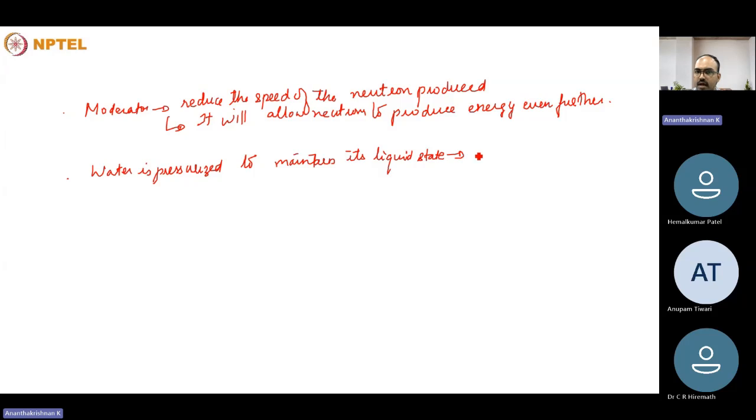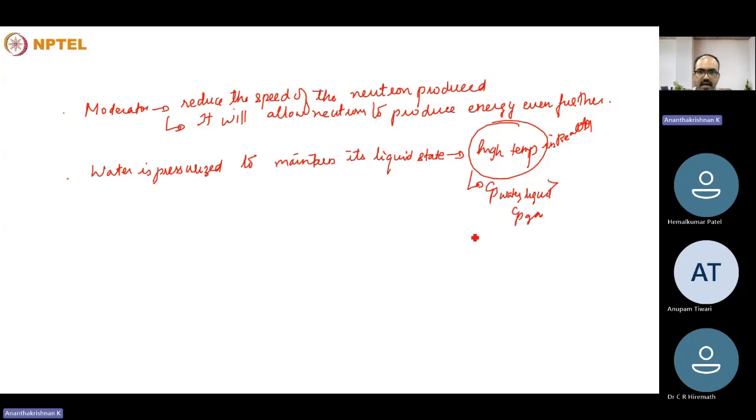So this allows high temperature. Since water is in the liquid state, high temperature in the reactor can be nullified because heat can be taken up. The specific heat of water is higher in the liquid state compared to the gaseous state. Cp of water in the liquid state is higher compared to Cp of gas.